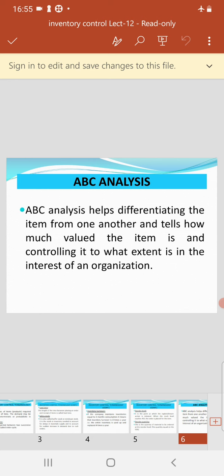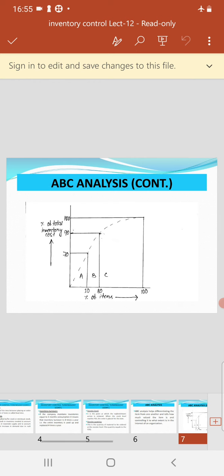That means you have to classify the inventory items into 3 groups. One is A group, one is B group, and the other is C group. So these A, B and C groups are associated with the cost of the inventory.